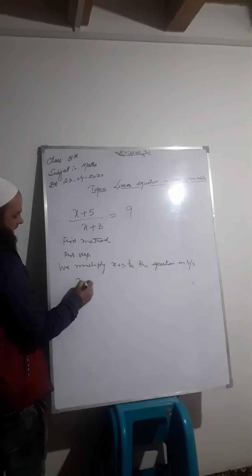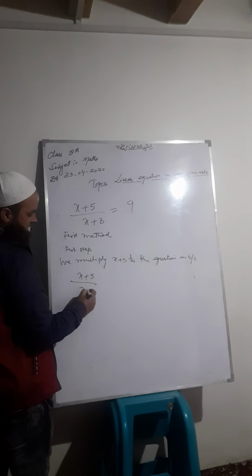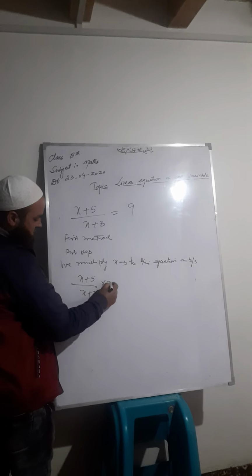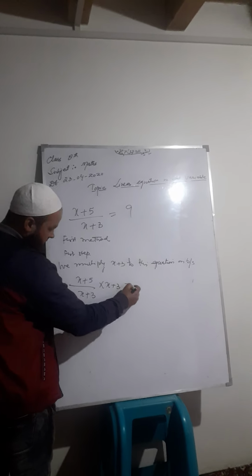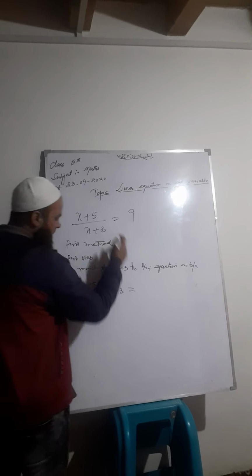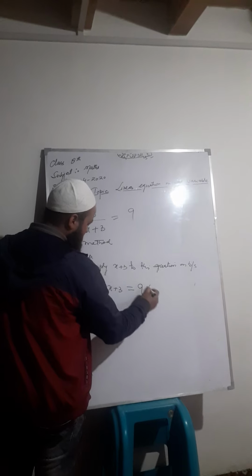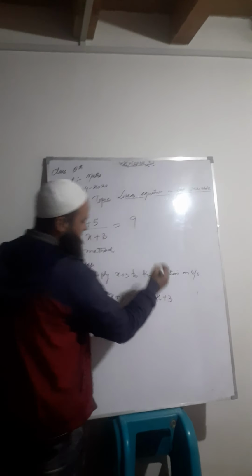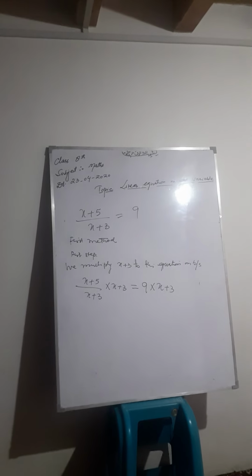What will we do? (x plus 5) divided by (x plus 3) into (x plus 3) is equal to, this is the left side, now the right side, 9 into (x plus 3).